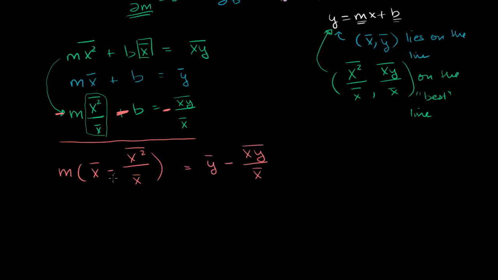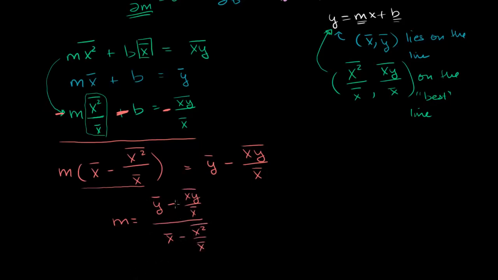And then we can divide both sides of the equation by this. And so we get m is equal to the mean of the y's minus the mean of the xy's over the mean of the x's, over the mean of the x's minus the mean of the x squareds over the mean of the x's.